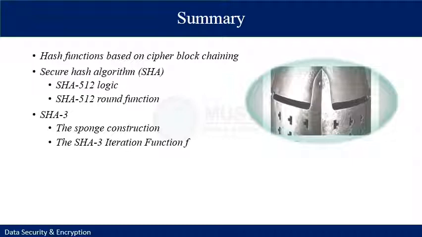The update to SHA-1 was provided as SHA-2 with different versions of 256, 384 and 512 bits, and finally the most advanced version of the SHA algorithms is SHA-3, which is based on the sponge construction and a number of iterations of function f.